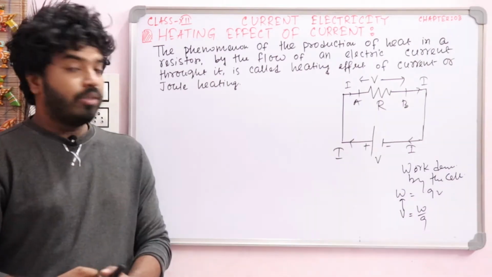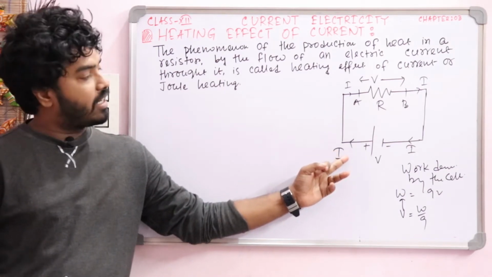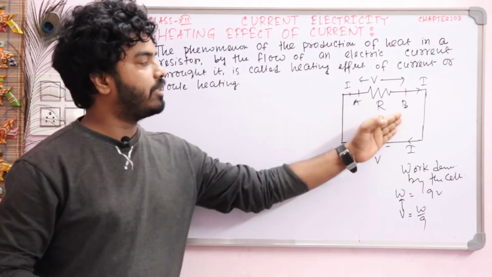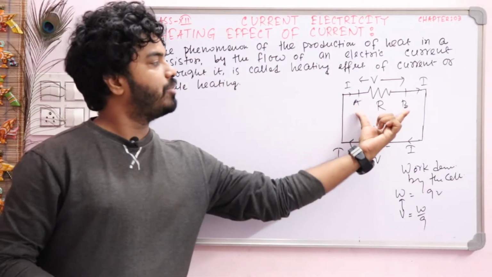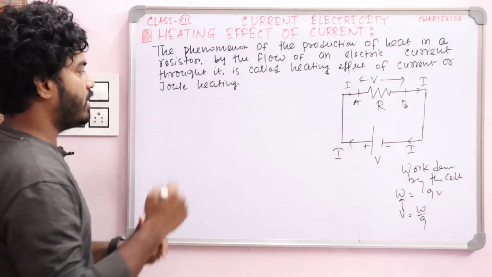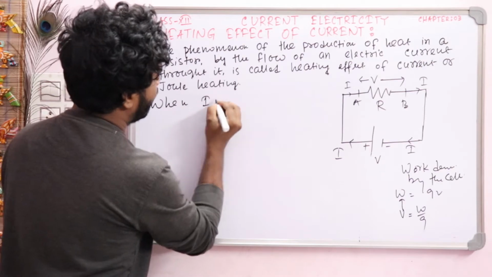Okay. Now when this constant current I, the steady current I, flows through this circuit from the positive terminal to the negative terminal, what is the relation between the potential difference of these two points?